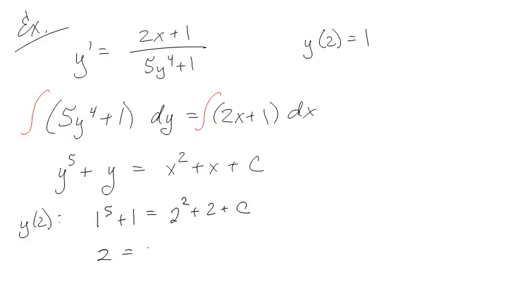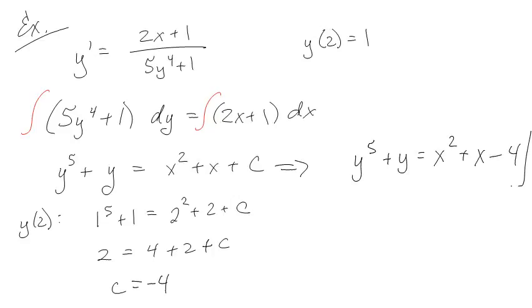So I've got 2 is equal to 4 plus 2 plus c, so c better be equal to negative 4. So I have y to the 5th plus y is equal to x squared plus x minus 4. And that's the solution to that differential equation.